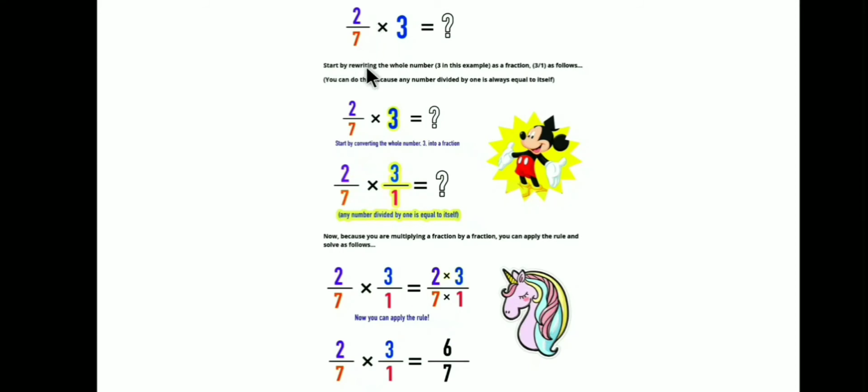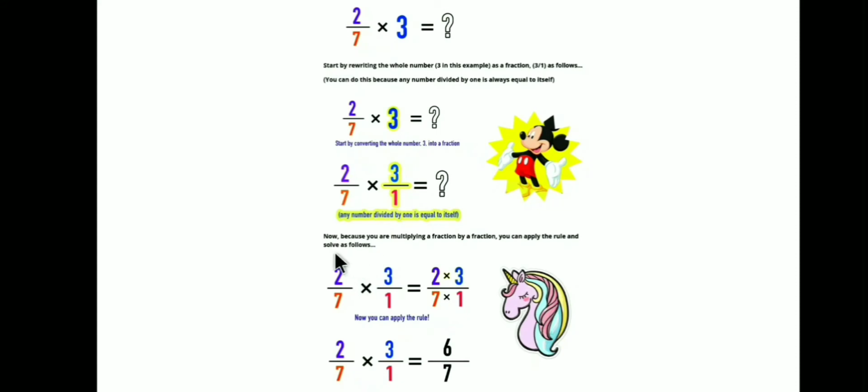This is the step where many students tend to make a mistake. When we multiply with 3, some of them multiply 3 to both the numerator as well as the denominator. This step is wrong. You have to keep in mind that 3 is a whole number. If nothing is mentioned in the denominator, it means it is 1. So the whole number 3 can be written as 3 upon 1.